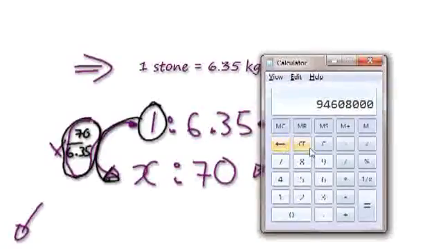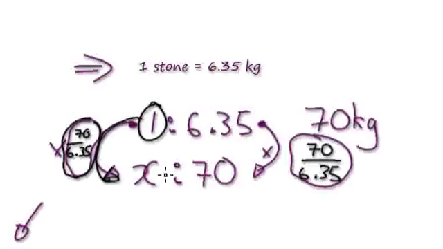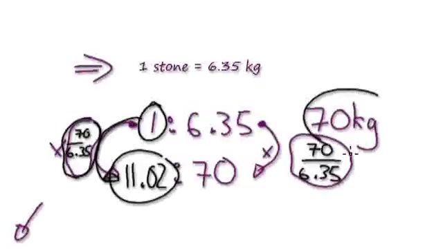Let me get a calculator. It would be 70 divided by 6.35. So 70 kilograms in stones would be 11.02 stones.